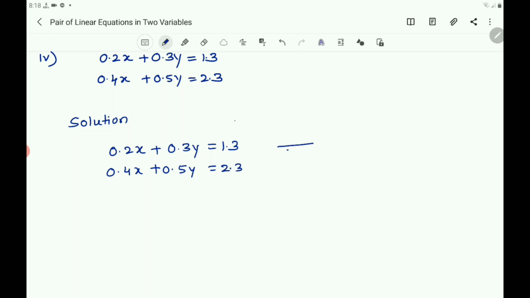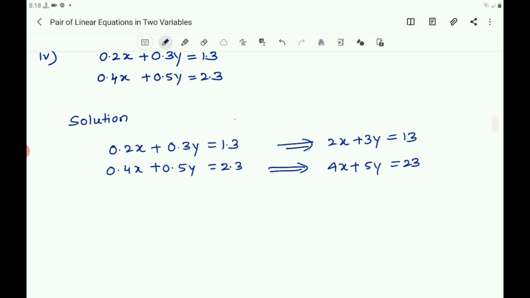That implies 2x plus 3y equals 13, and this one you can write as 4x plus 5y equals 23. Decimal points are removed here.